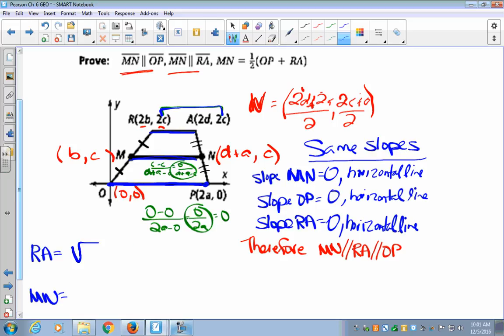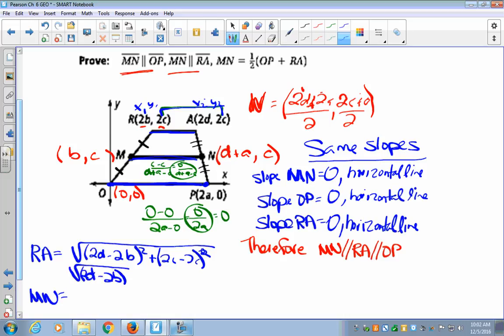So if I were to do the math, when I subtract my x's, it's going to be 2d minus 2b. And my y's are going to be 2c minus 2c, squared, and that's going to zero out. So I'm just left with the square root of 2d minus 2b squared.